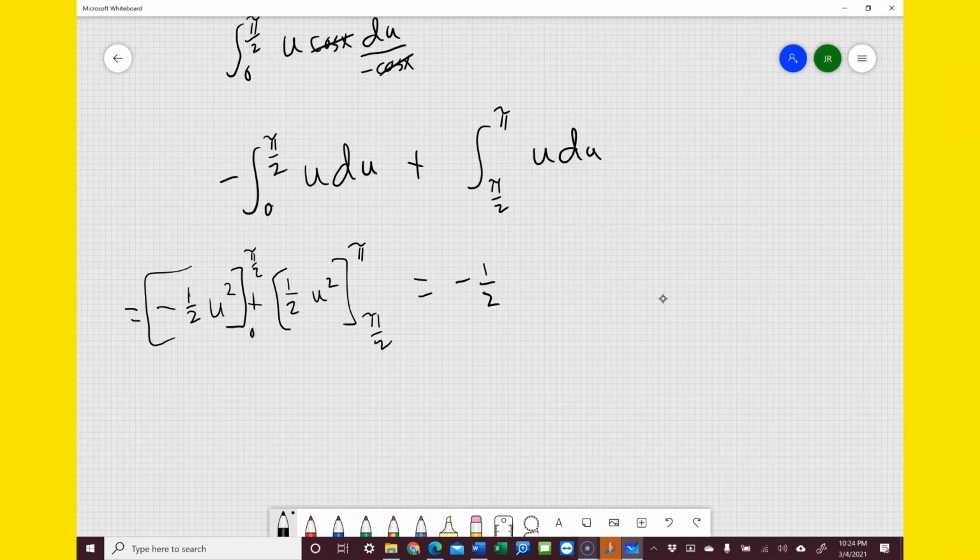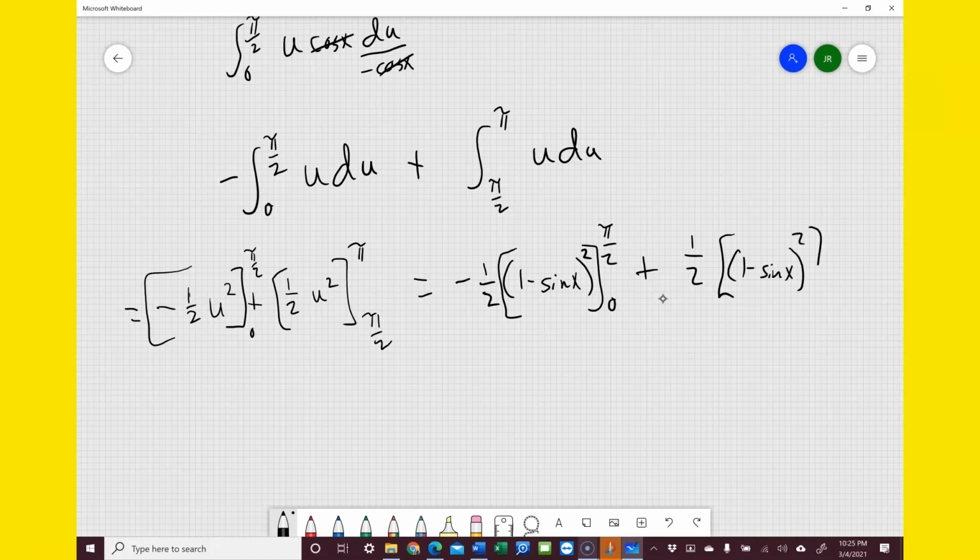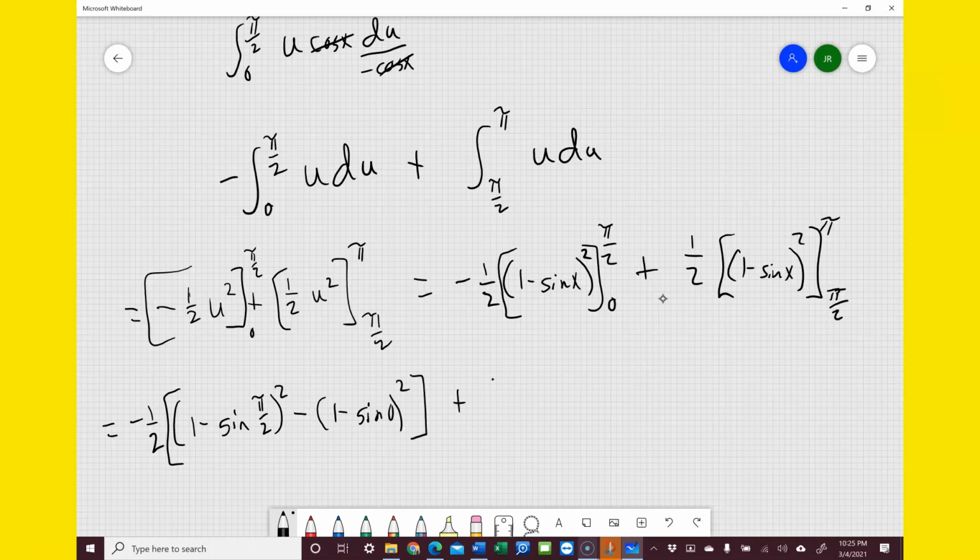So it's negative 1/2 times (1 minus sine x) squared, going from 0 to pi over 2, plus 1/2 times (1 minus sine x) squared from pi over 2 to pi, which is going to equal negative 1/2 times [(1 minus sine pi over 2) squared minus (1 minus sine of 0) squared] plus 1/2 times [(1 minus sine pi) squared minus (1 minus sine of pi over 2) squared].